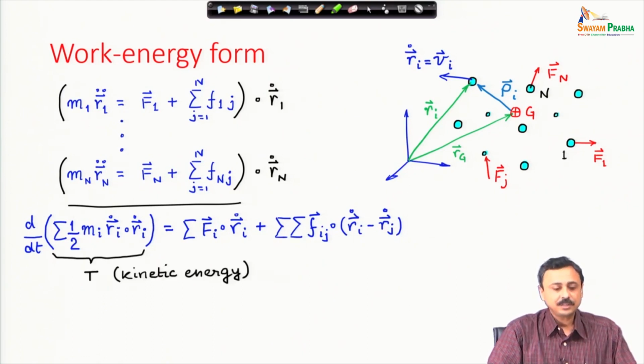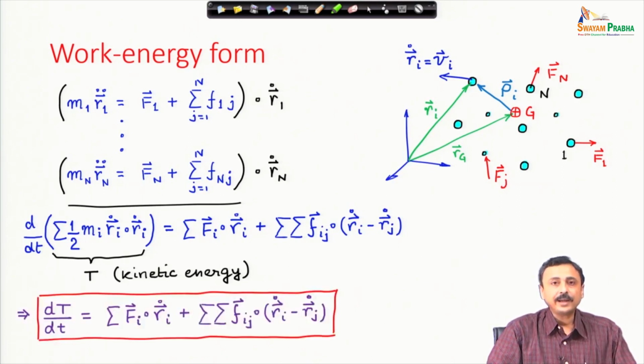The bracketed expression, as I just mentioned, is the total kinetic energy of the system, because it is the sum of kinetic energies of individual particles. And therefore, the rate of change of total kinetic energy of the system is given by the summation of force dot velocity summed over all particles, plus the double summation of the internal forces dot product with the velocity of the ith particle minus the velocity of the jth particle.